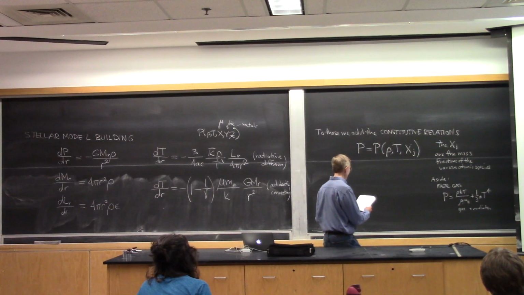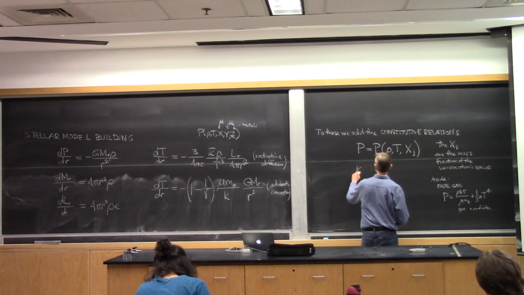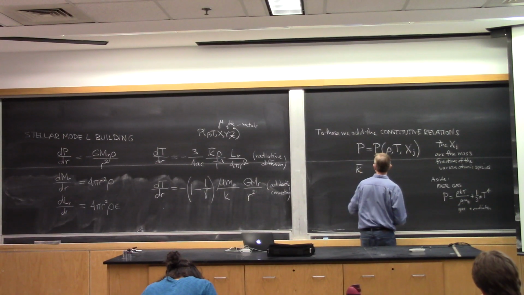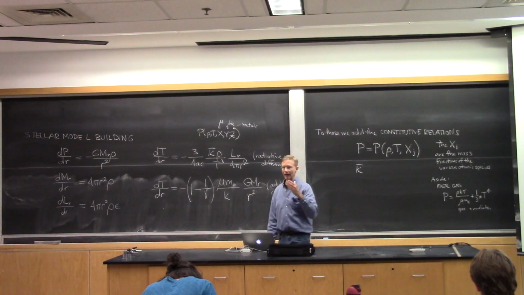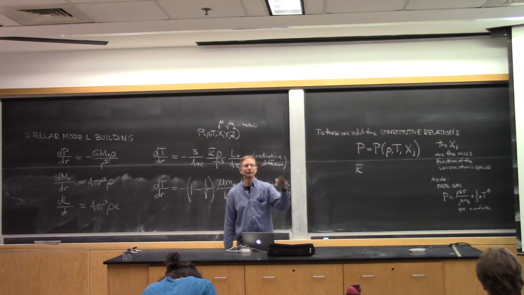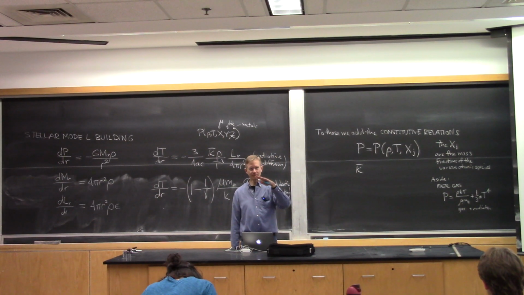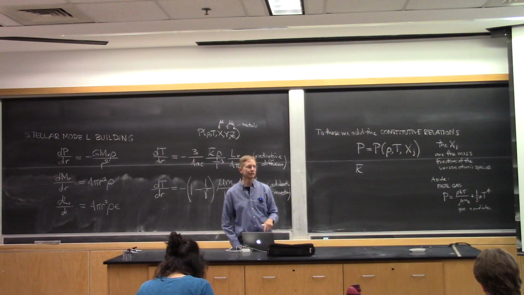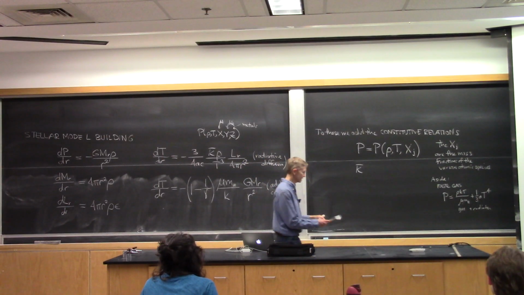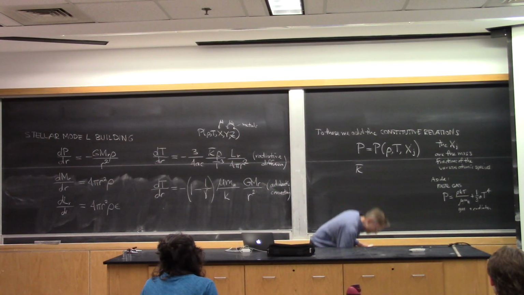Then we assume, and it's generally going to be something very complicated, and in practice a model will have a table of calculated values for specific values of the density and the temperature and so forth, and then you'd use an interpolation scheme to go to other values.